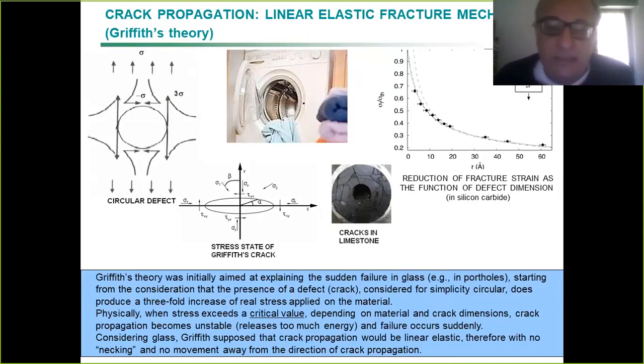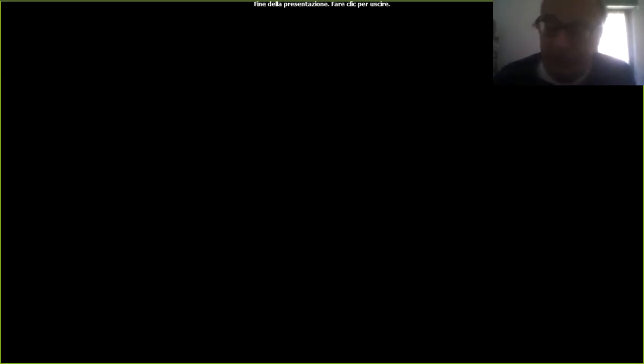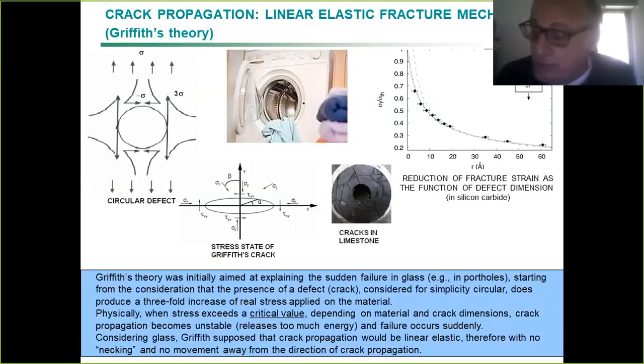In reality, we can see that the formation of cracks might be quite complicated. This is a limestone which was subjected to a compression test, so in the end you might find on the surface a number of cracks which go in the most different directions because they tend also to coalesce. So it's still a very investigated problem of not easy solution.